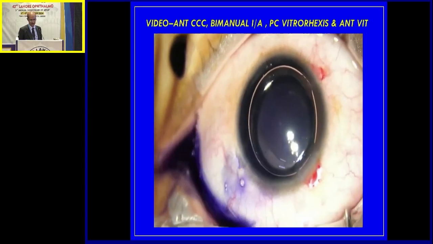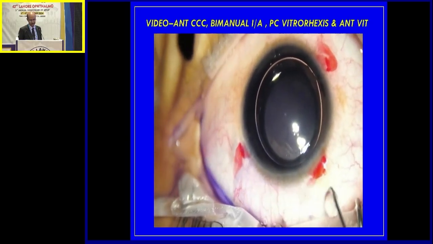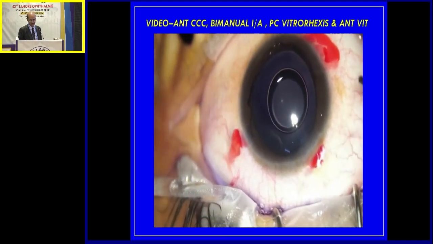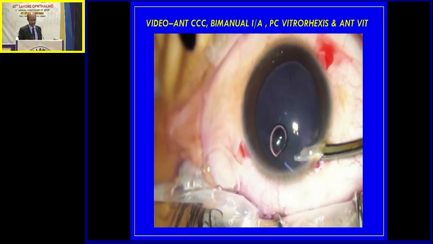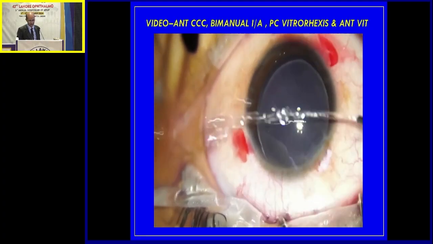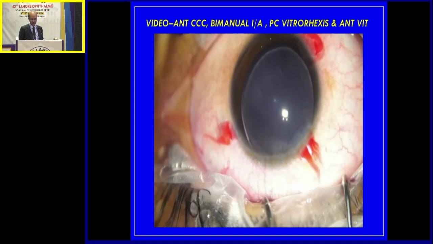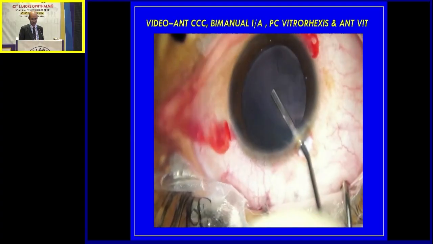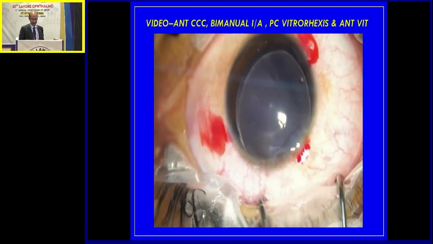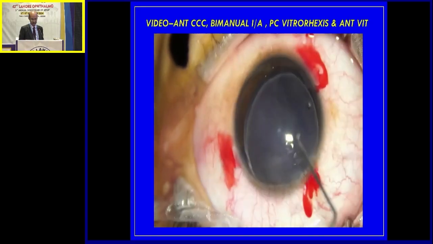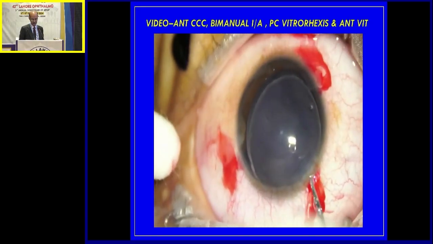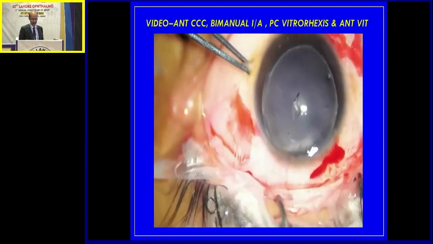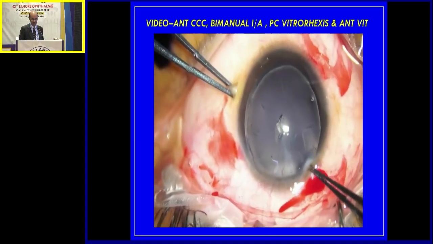Again the same process of staining. Clear the stain from the anterior chamber after staining the capsule, and then fill the chamber with viscoelastic. Then a small nick with the cystotome and then enlarge it with the Utrata.